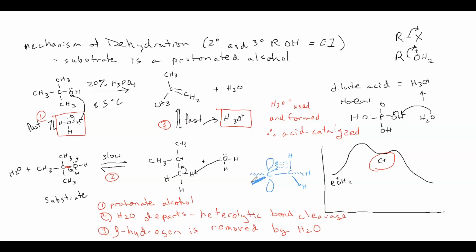And so we said the more beta positions, or the more R groups, the more of that hyperconjugation goes on, and so the more stable the carbocation.